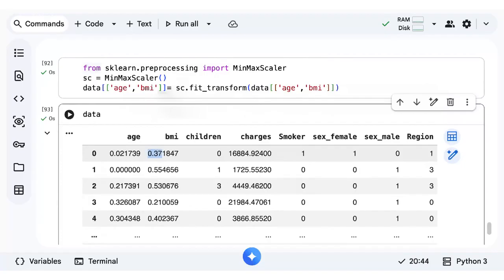No, only on age and BMI. Guys, clear? Understood?